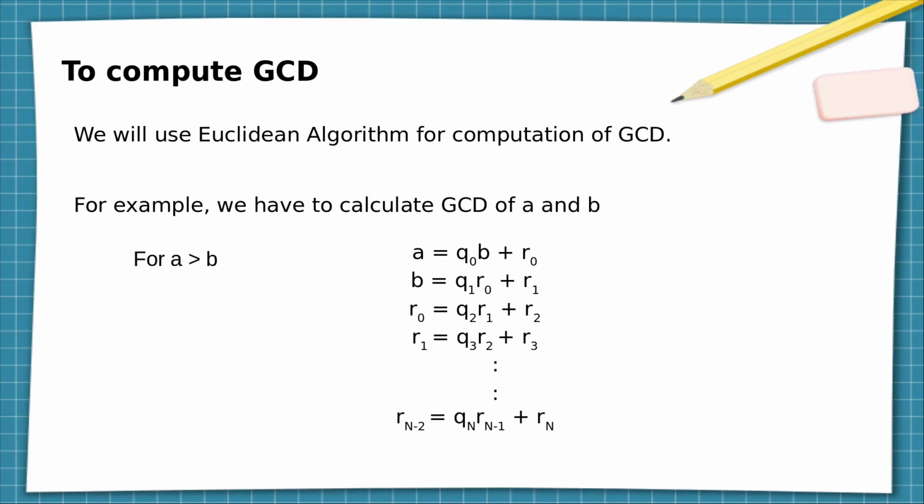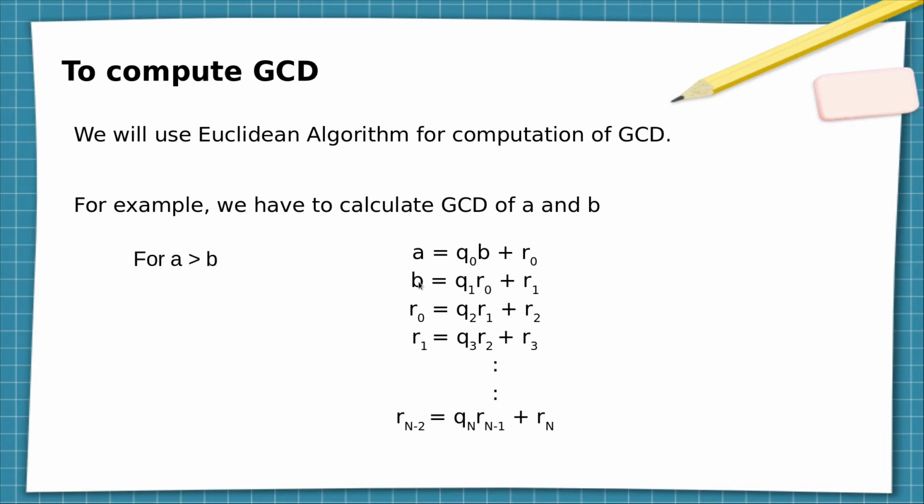For example, we have to calculate GCD of a and b. In this case, if a is greater than b, we will write it this way: a is equal to some number times b plus some r naught, which is the remainder. And in the next step, b will be here and r naught will be here.